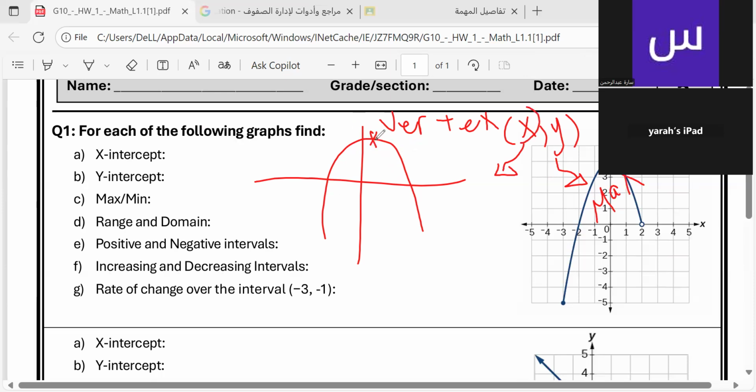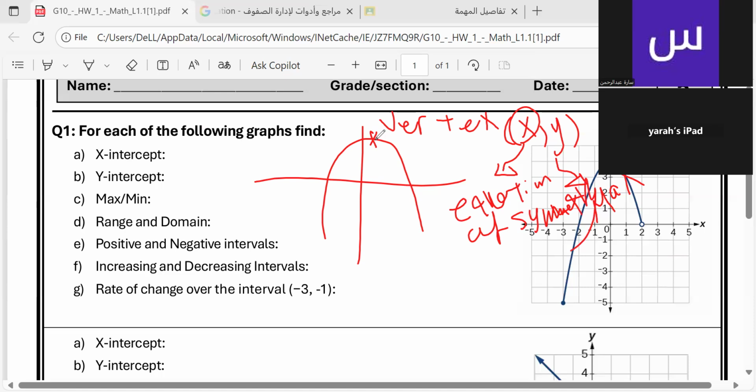And what about x? How can we use x? You can use x to find the equation of symmetry. So here, what is the equation of symmetry?